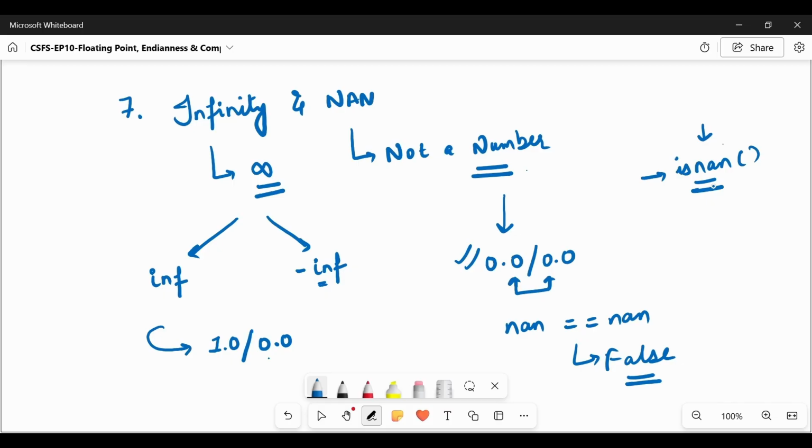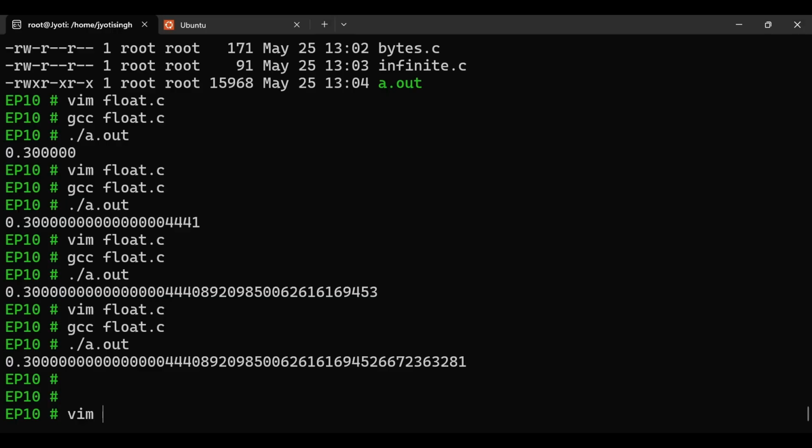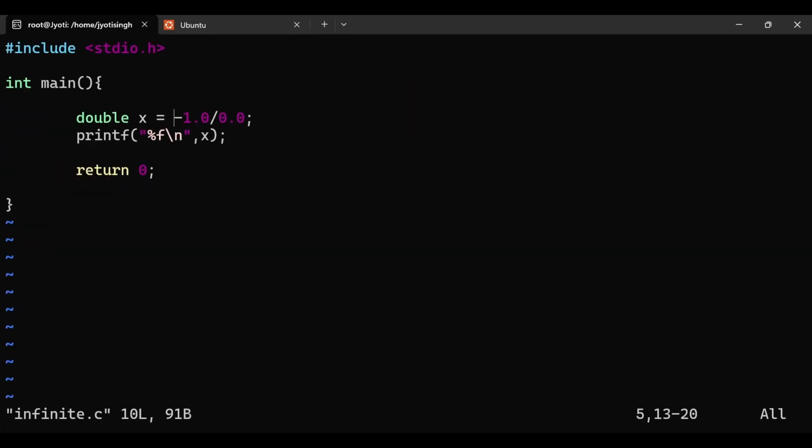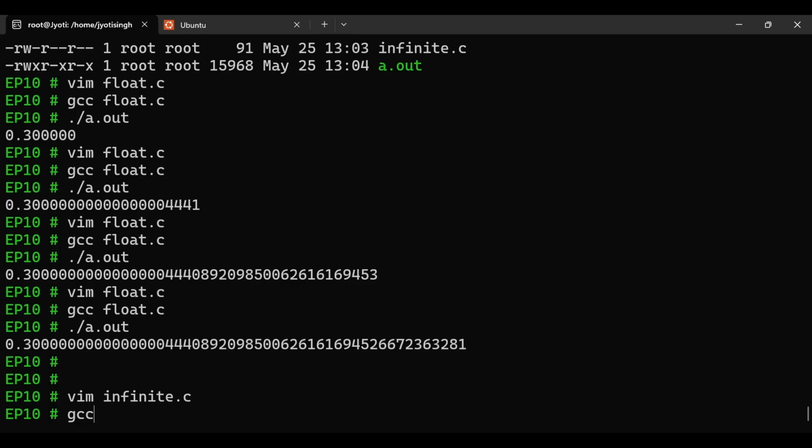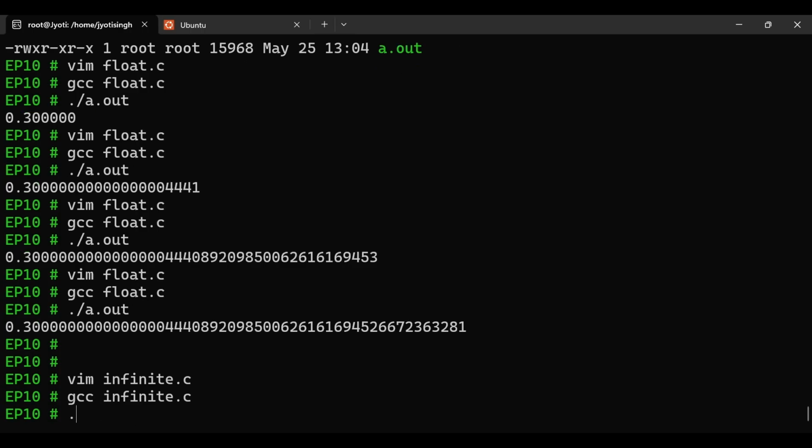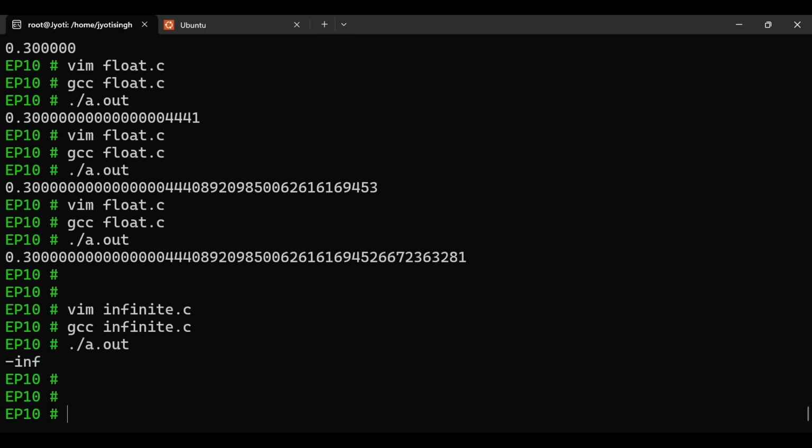Okay, let me show you an example of how we get these values as output. When we do any divide operation, any number divided by 0, usually the system returns INF. So here I have a local variable double x where we are just doing the divide by 0 operation and printing the output. Let us see what the output of this will be. Minus INF.